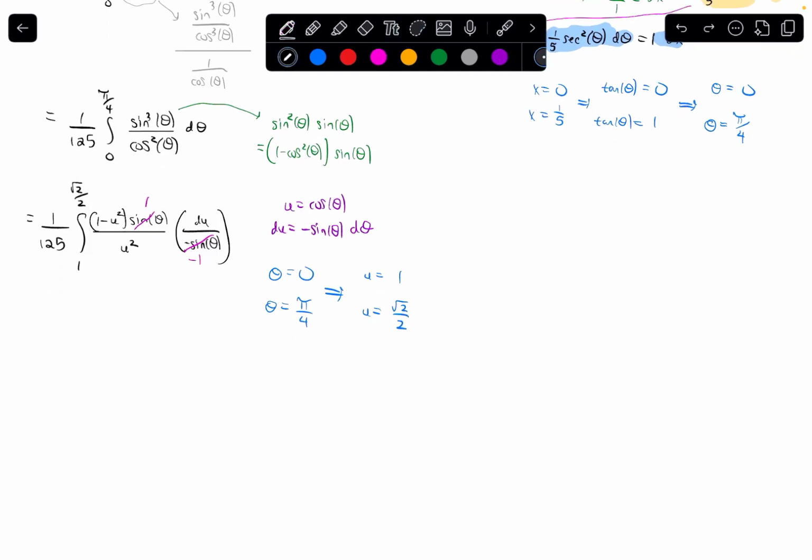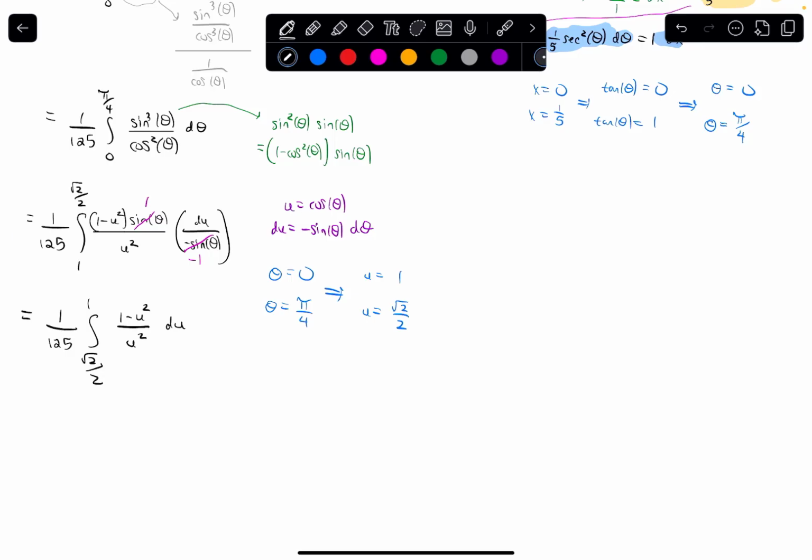So if I were to flip them, I get 1 over 125. Flip them to get root 2 over 2 on the bottom and 1 up top. And that gets rid of that negative 1. Okay. And now in my integral, we got 1 minus u squared over u squared du.